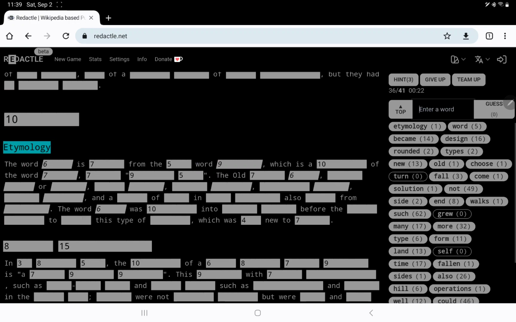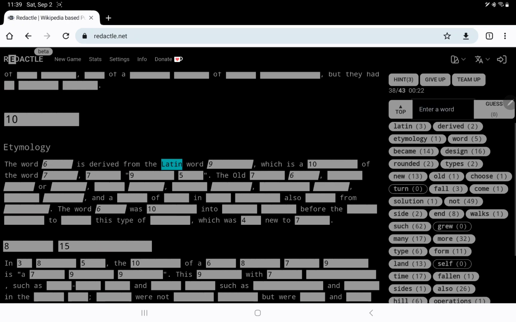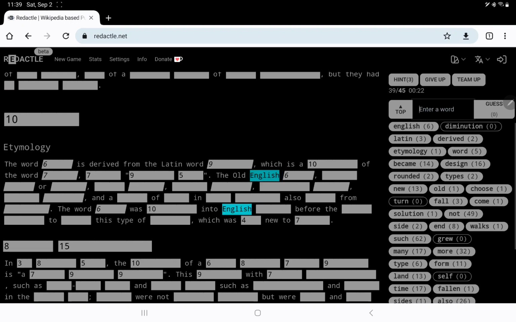There we go. The word 6 is derived. Is it from Latin? Yeah, which is maybe a diminution. Is that the word diminution? No, maybe spelling that wrong. Of the word 7, meaning 9-5, the Old English 6.